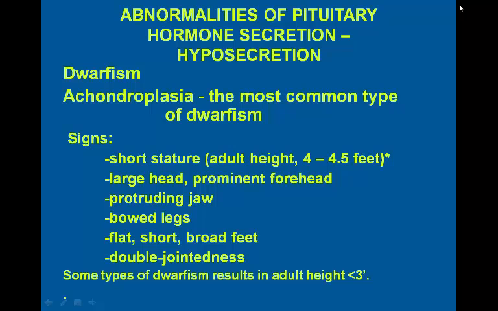The feet will be short and flat. The individual will be double jointed. So this is a characteristic appearance that achondroplastic dwarfs will have. Oftentimes the vision will also be affected. In certain other kinds of dwarfism, the adult height doesn't even attain 3 feet.